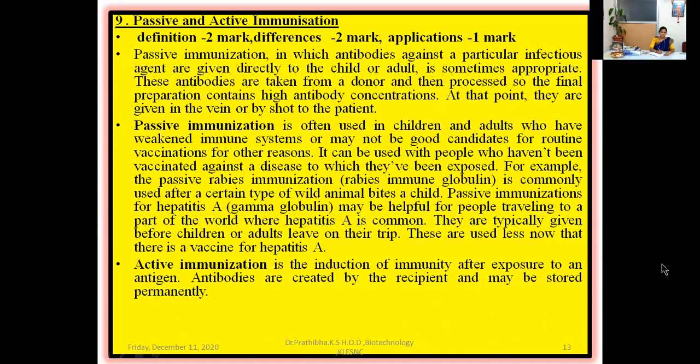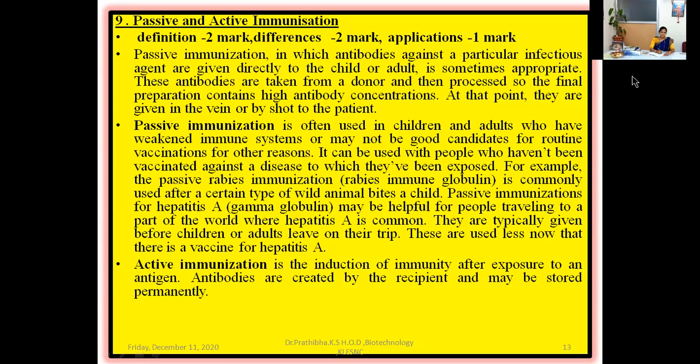Passive immunization, in which antibodies against a particular infectious agent are given directly to the child or adult, is sometimes appropriate. These antibodies are taken from a donor and then processed, so the final preparation contains a high antibody concentration.